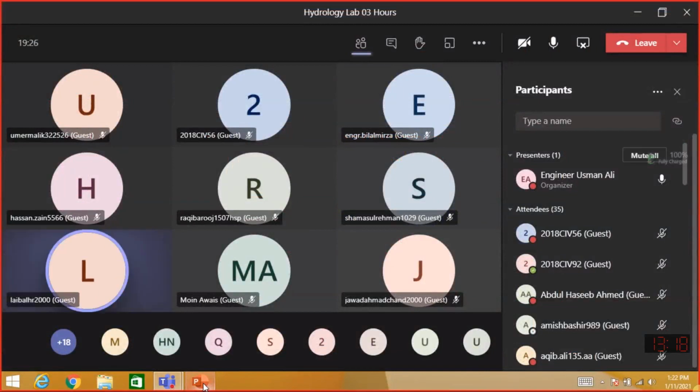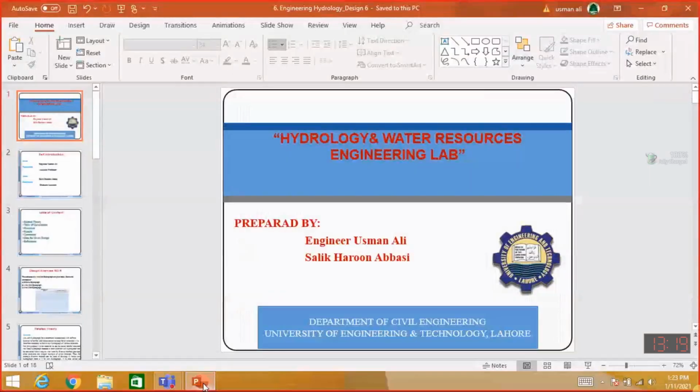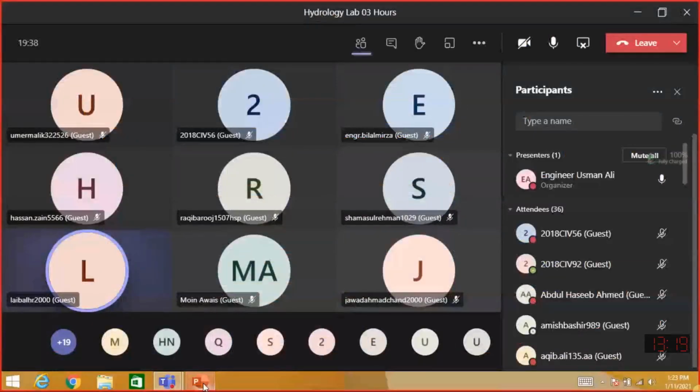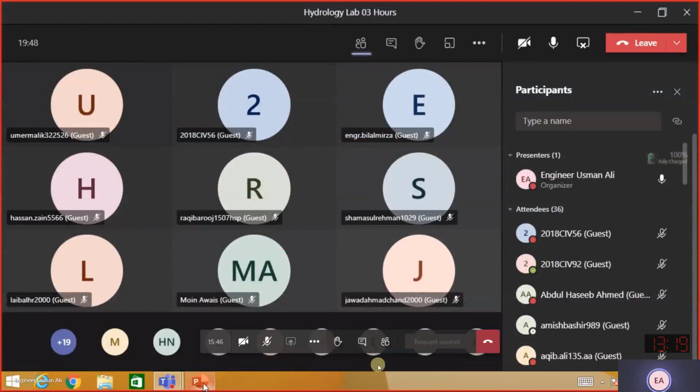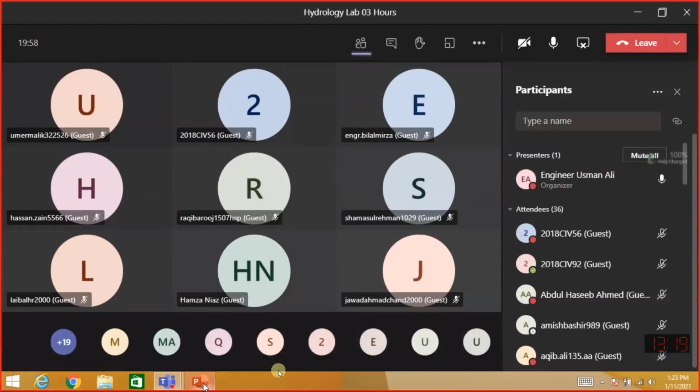Have you done your design number 5? Any question if you have from the previous design? No, sir, half is done, a little is left. I don't have any question. Okay, roll number 66. Roll number 67. 68. Beta, have you done your previous design number 5, or any question or query from that?